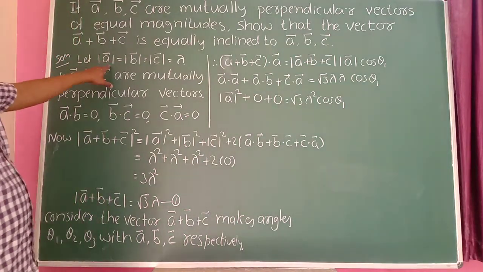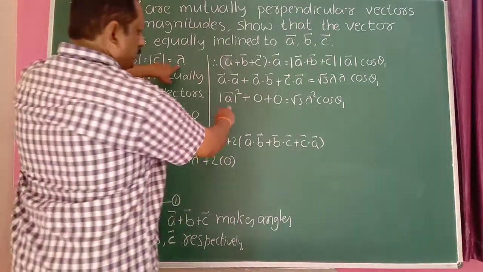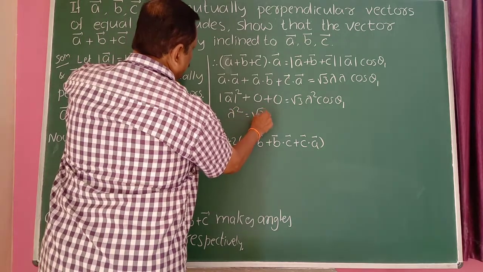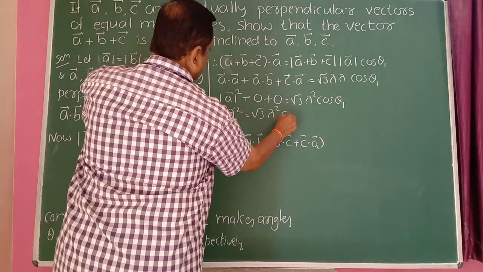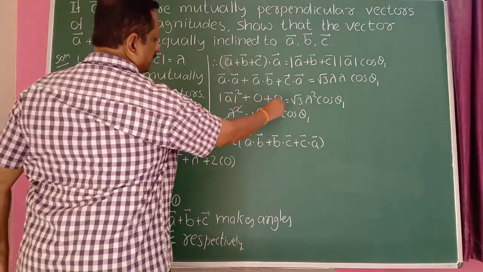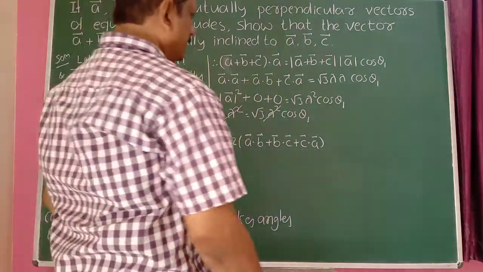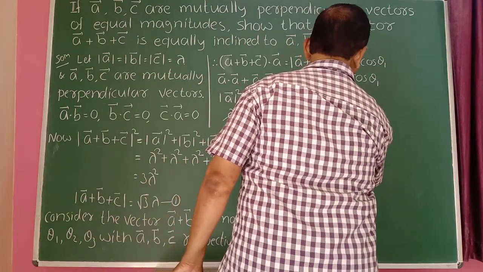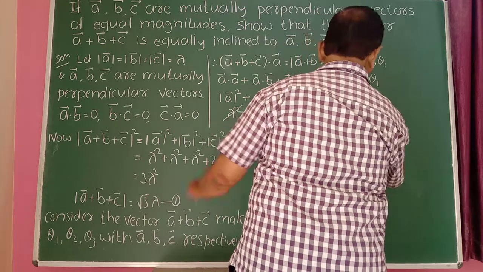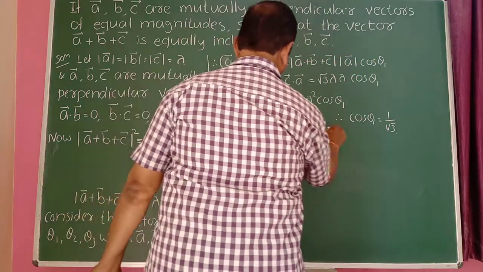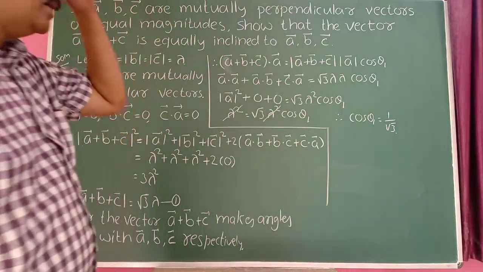But the modulus of A bar is lambda, so use here lambda square is equal to root 3 lambda square into cos of theta 1. Lambda square cancels here. Therefore, cos of theta 1 is equal to, taking root 3 to this side, 1 divided by root 3.